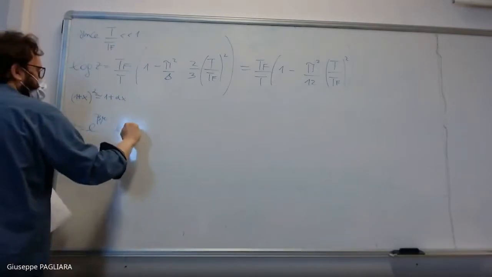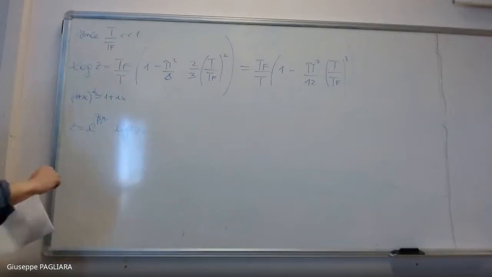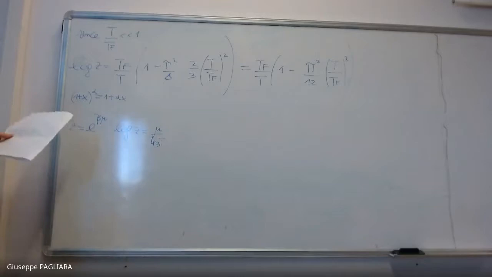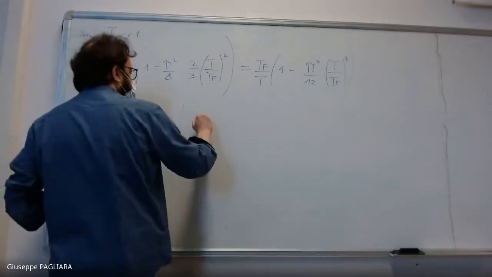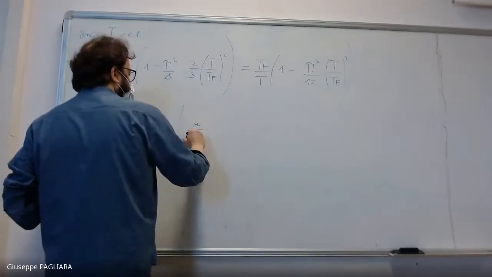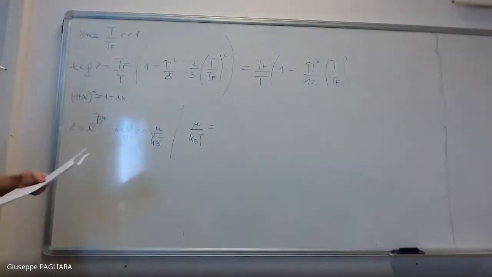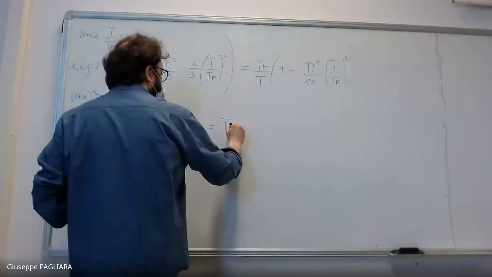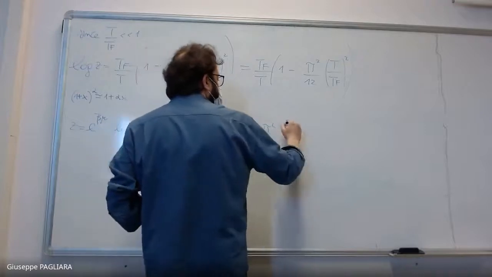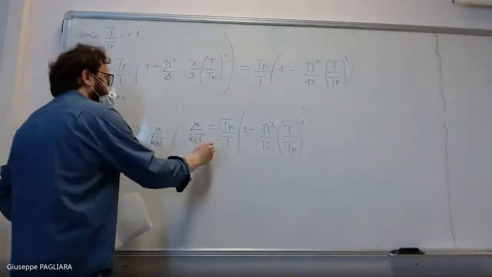So therefore, the log of z is beta mu, which is mu divided by kBT, and therefore mu divided by kBT is equal to TF divided by T. And then I have 1 minus pi squared divided by 12. Okay, T and T drops.